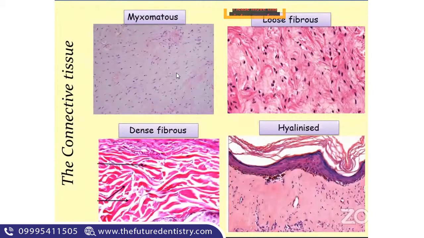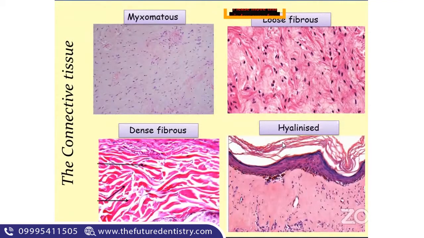Isn't this much paler? It's extremely pale pink, isn't it? However, this is a slightly darker pink. That is because in myxomatous tissue, the cells produce a lot of ground substance. And this ground substance tends to get diluted during staining procedures and gets this pale pink appearance. This is what is responsible for the gelatinous nature in odontogenic tumors like myxomas.